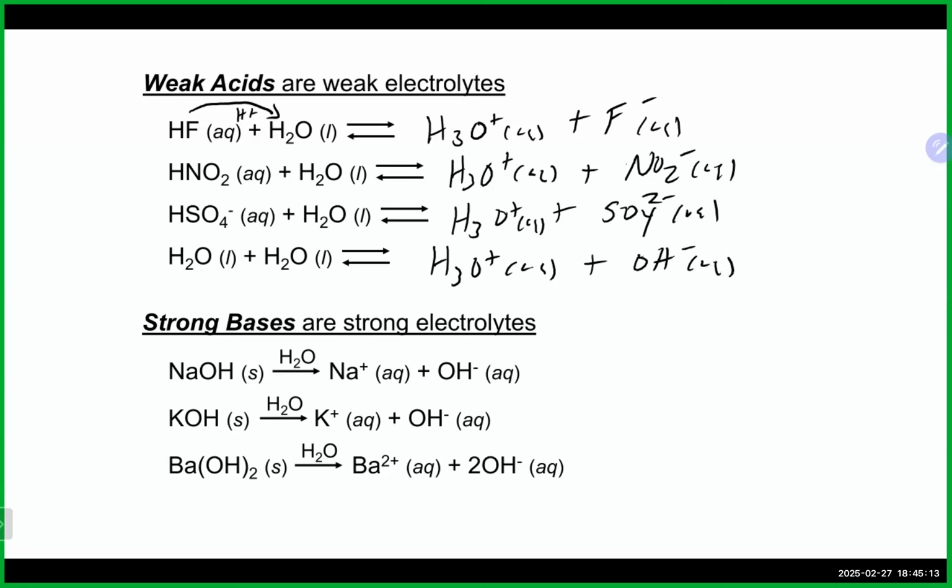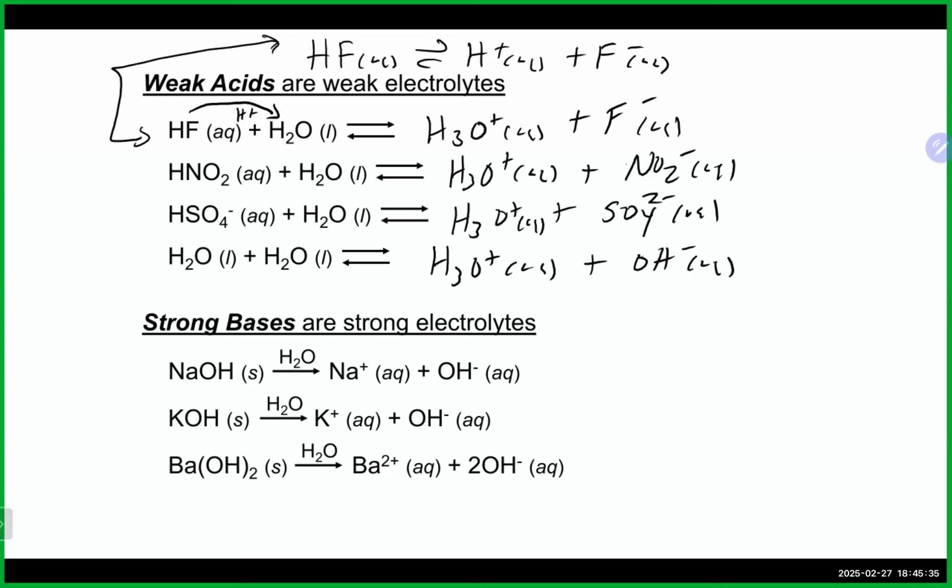So again, this is the way that you can represent this dissociation of an acid. As we talked about, it is correct to leave the water out if you want, and just write it like this, or like hydrofluoric acid. That is perfectly fine. Basically it's the exact same thing, both of those equations.